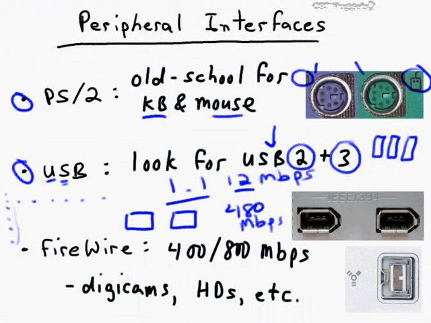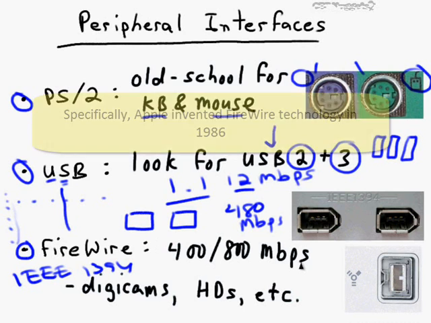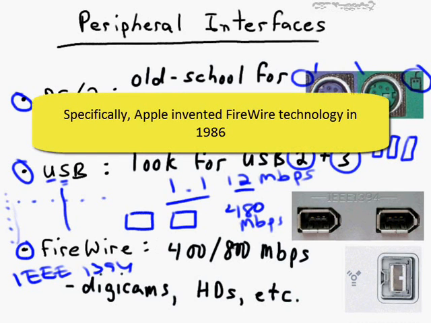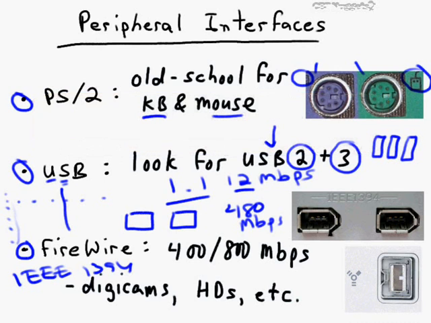A technology that I'm sure the inventors hoped would be as popular as USB, but unfortunately is not, is the IEEE standard number 1394. It's also called FireWire. Apple was a huge proponent of FireWire technology. They've had FireWire ports on many of their computers for several years.